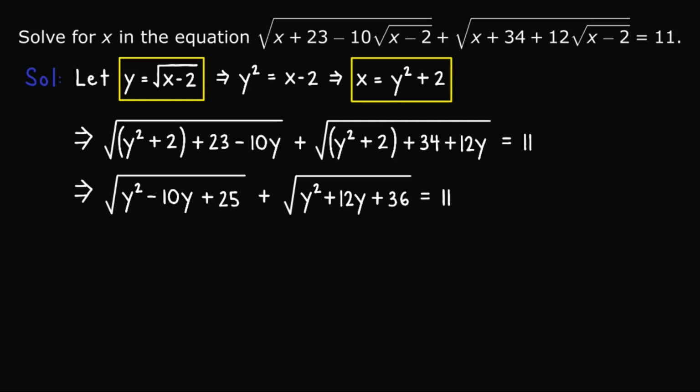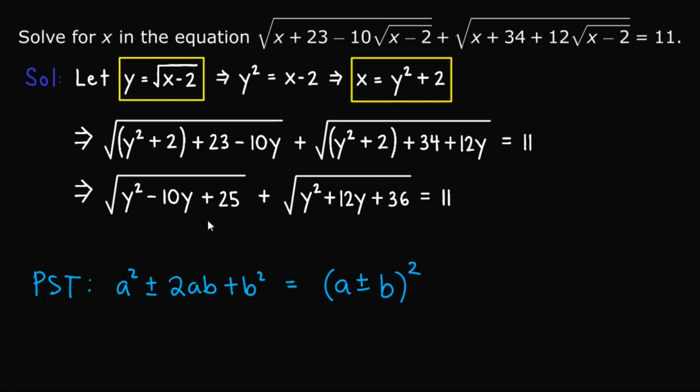From here, take note that these expressions inside are actually perfect square trinomials. By our knowledge of perfect square trinomials, let's write it down here. If we have a squared plus or minus 2ab plus b squared, this factors into a plus or minus b, with a square outside.